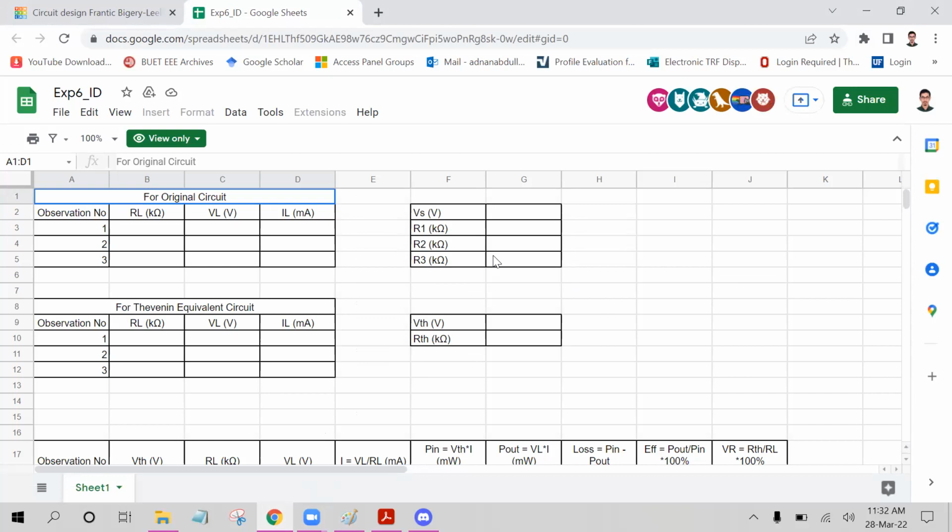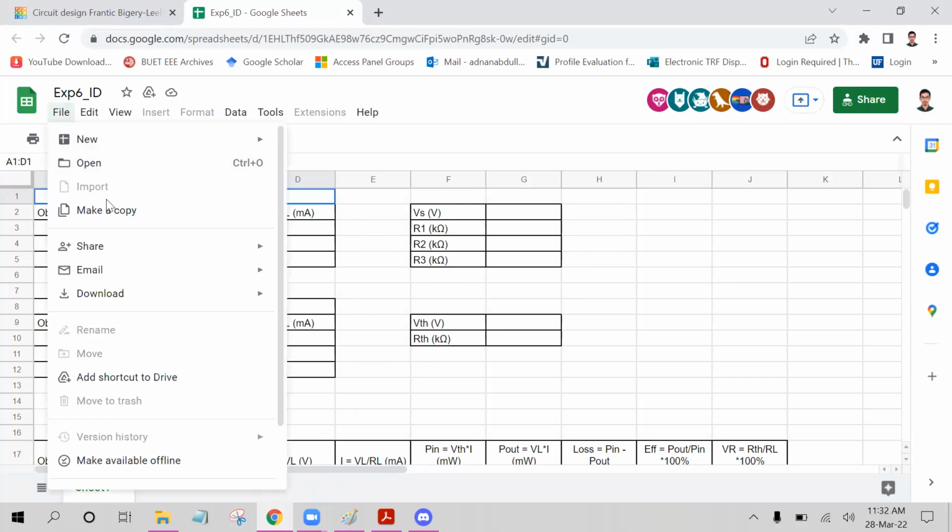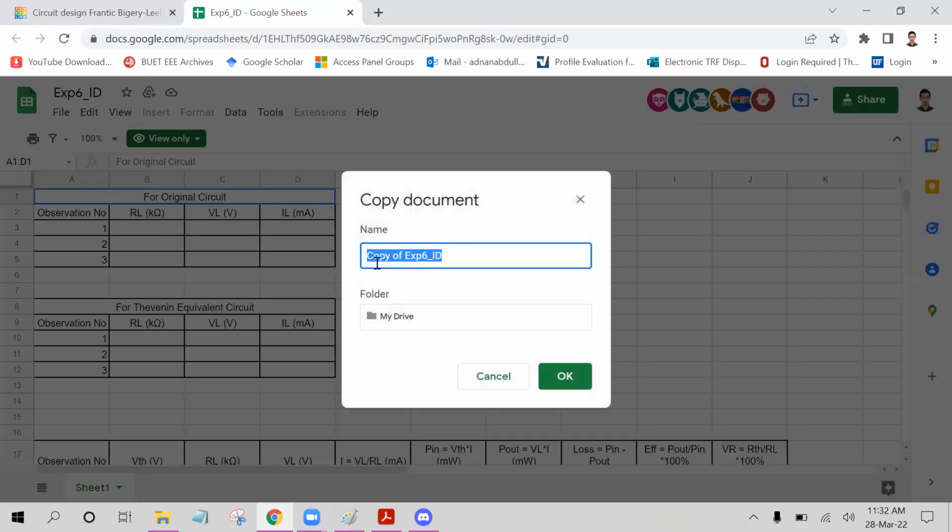Now it is in view only mode, so you need to create your own copy. Go to file and make a copy option. Please rename the datasheet in this manner: experiment 6 underscore your student ID, exp6 underscore your student ID.